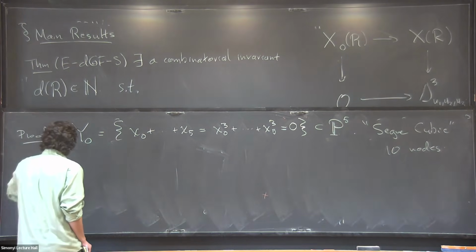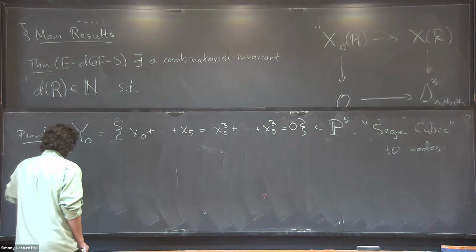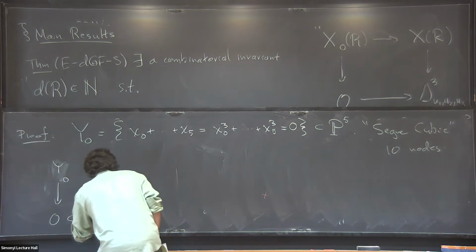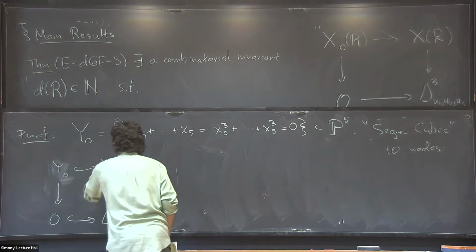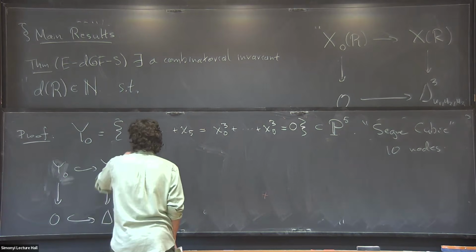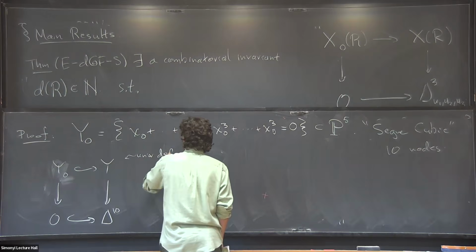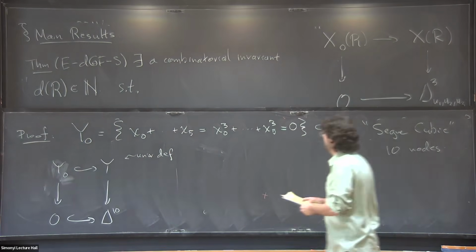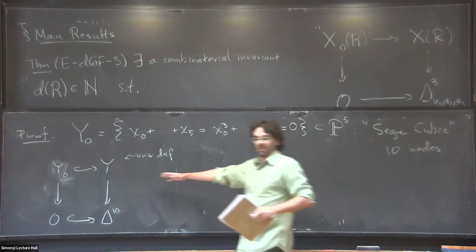Okay, and now we take the universal deformation of this Segre cubic threefold. Let's call it Y. So this is the universal deformation. The thing to keep in mind here is that the moduli space of cubic threefolds is 10-dimensional.